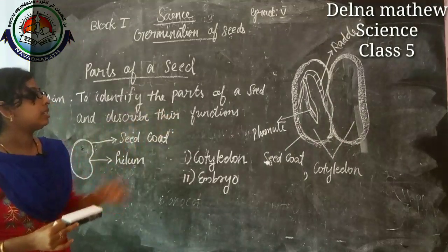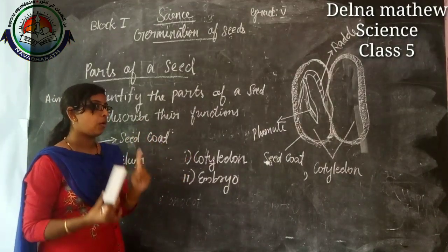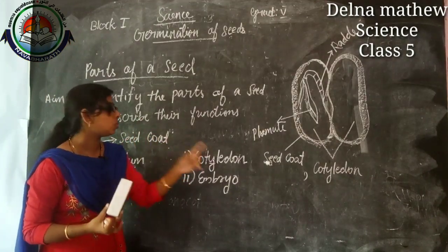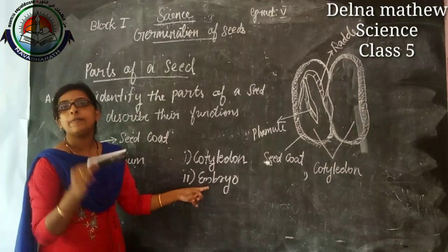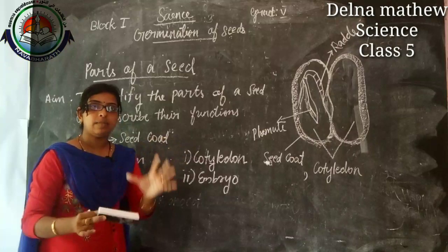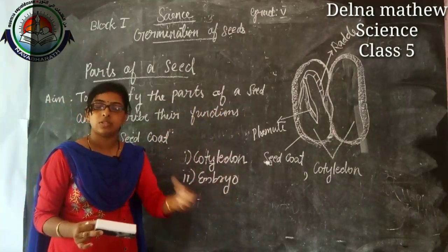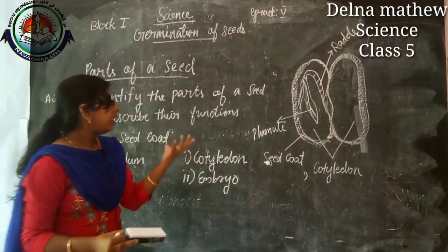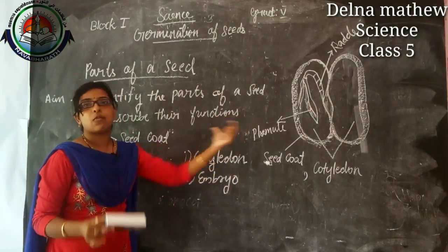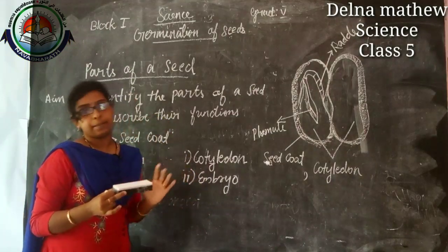The next one is the inner part. First, cotyledons. These cotyledons provide food and nourishment to the embryo or baby plant until the plant can sustain itself after germination, which we will discuss later. And next is the embryo.